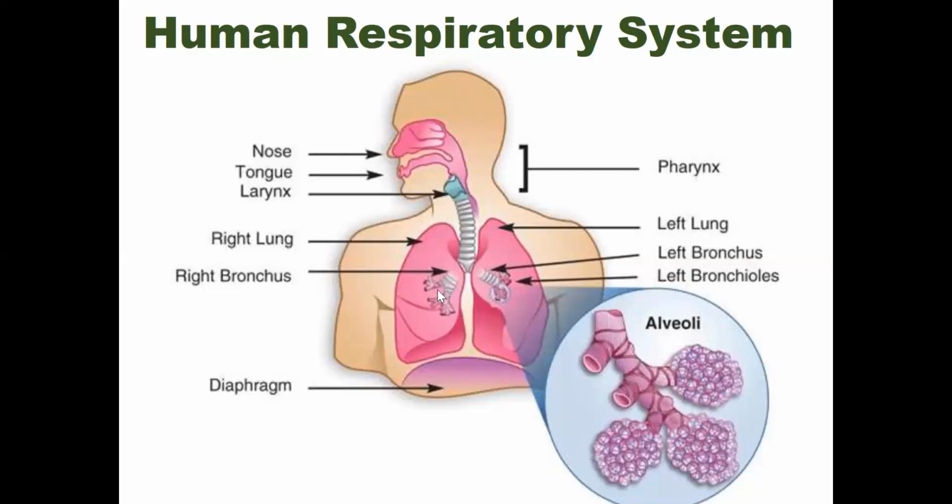Then it forms bronchioles, that means the tertiary bronchus, and finally the terminal bronchus, and at the very end point of this bronchus, you will find the alveolus, the air sac or balloon-like structure. These are the alveoli. So I think this is the overall human respiratory system and its associated organs.